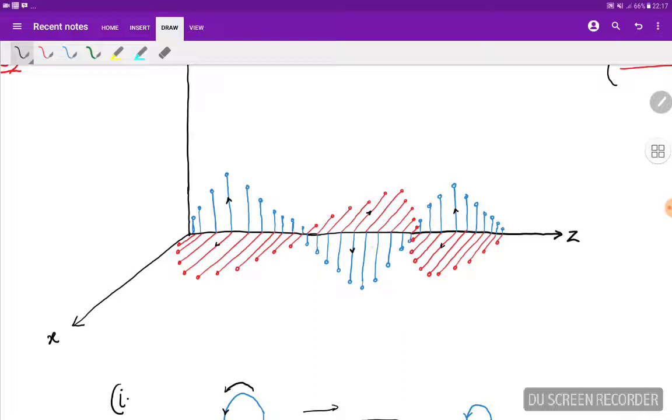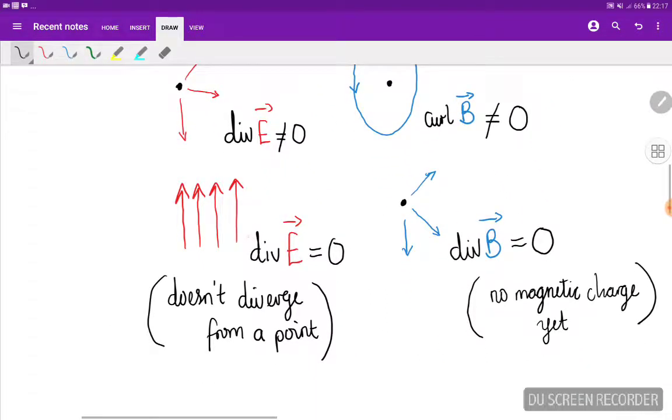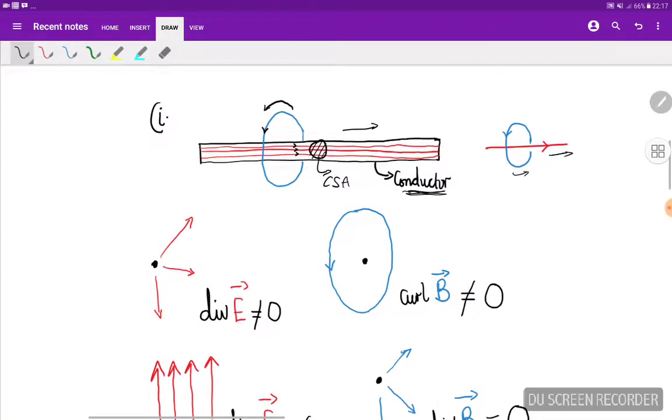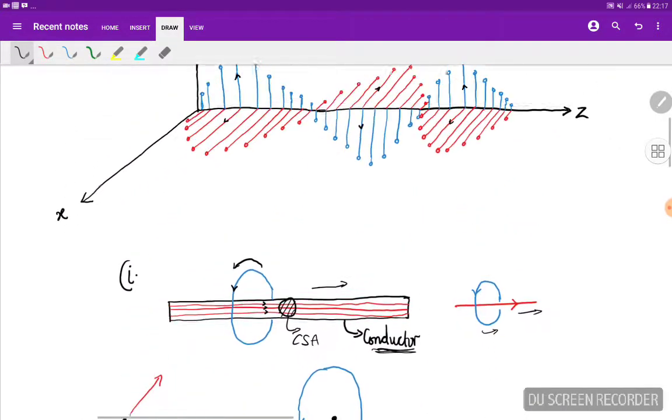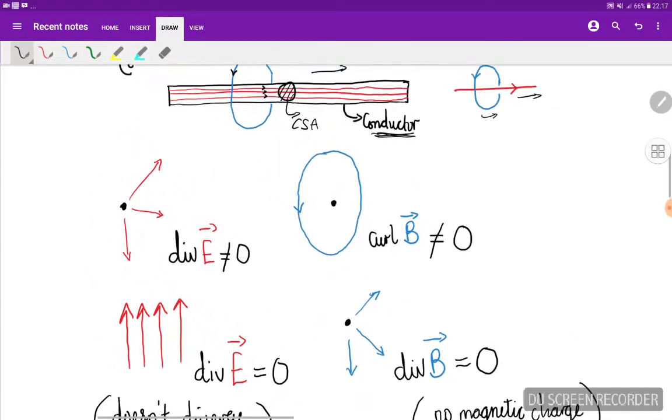But as you can see, they are not coming out from any one point. They are parallel. And div says that the field is coming out from one point, a source from which everything diverges and spreads round. That's the word diverge. So in a wave, there's no divergence of electric field nor magnetic field, so your div E would equal 0.